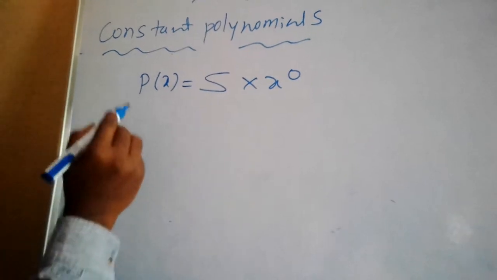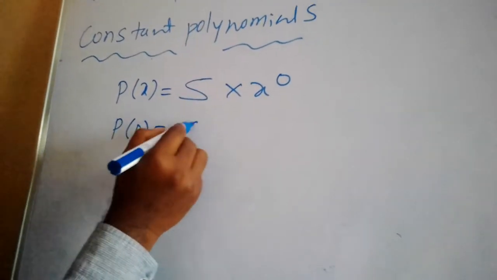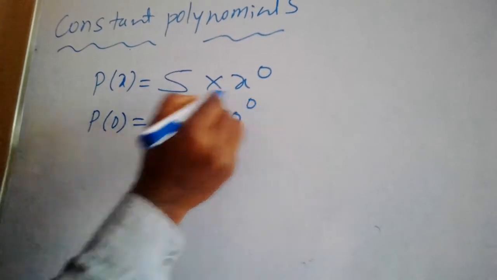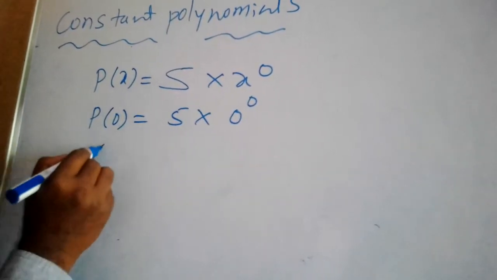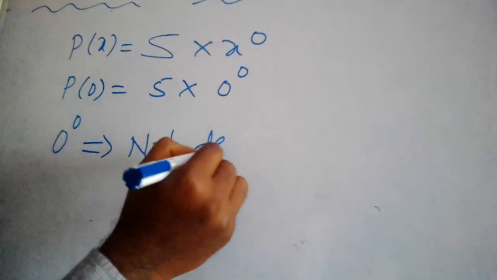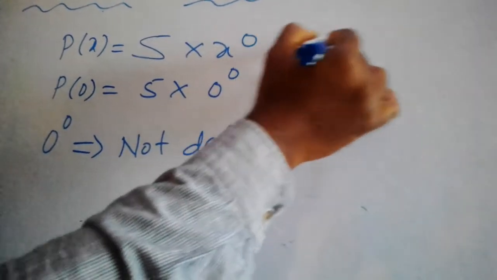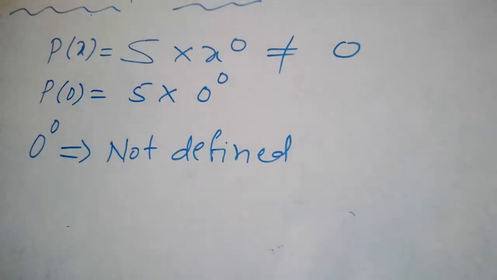Now I will put a value here. P of 0 is equal to 5 into 0 raised to 0. So 0 raised to 0 is nothing but not defined. We can't get 0 here by substituting x equal to 0.